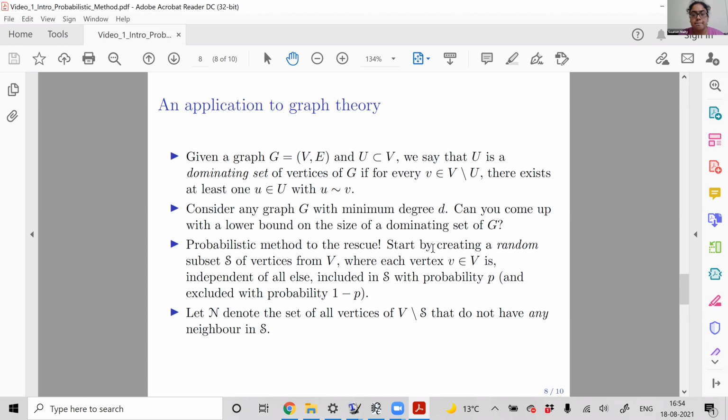If I'm given any such graph without knowing anything else about its internal structure, can I actually find a dominating set inside it, and what will its size be? Something that I can guarantee, without knowing the internal structure of the graph, except that the graph has minimum degree D.